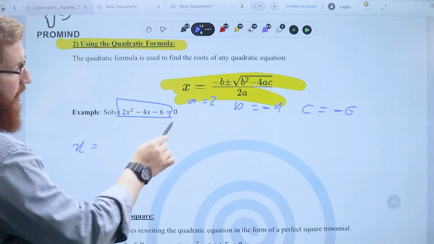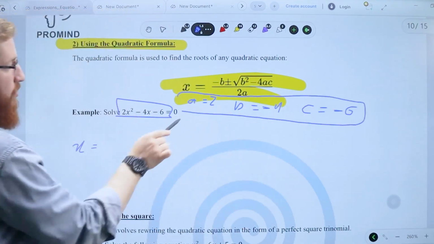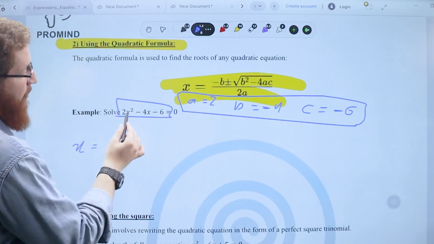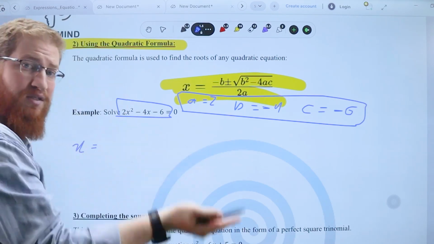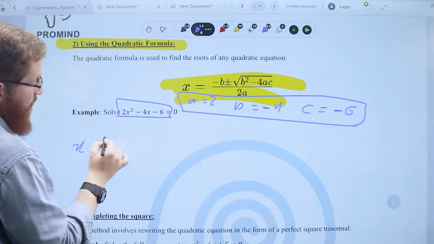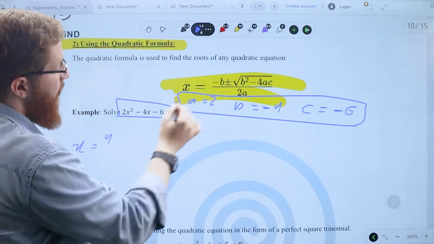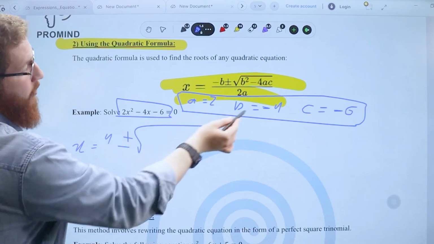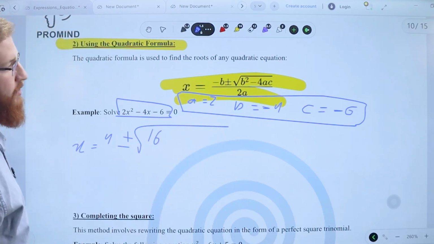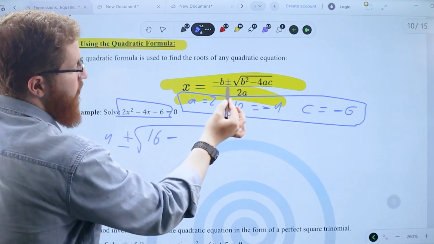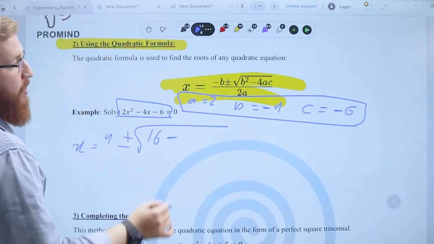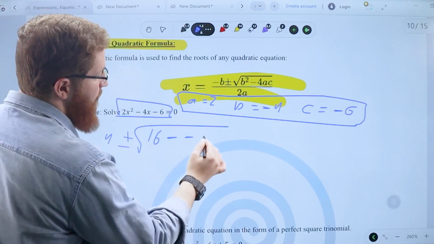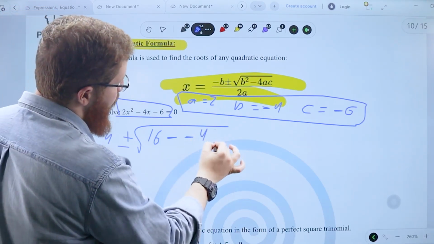Okay, since I got the values of these three constants, I will start using the quadratic formula. x equals minus b. b is minus 4. Minus the negative 4 will give me 4. Okay, then plus minus square root of b squared, which is 16, minus 4 times a times c. 4 times a gives me 8, times c gives me minus 48.